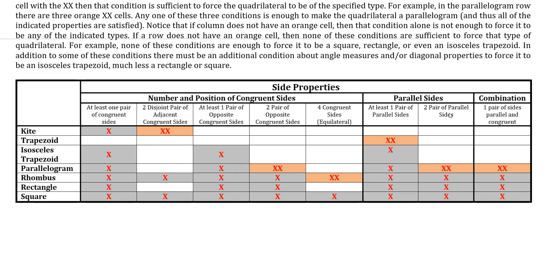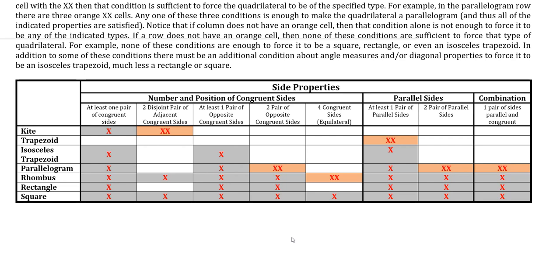If you have two pair of parallel sides, both pair of opposite sides are parallel, that's a defining characteristic of a parallelogram. And so these other kinds of parallelogram, rhombus, rectangle, square, will also have that property. So if we combine some of these, if it has one pair of sides that's both parallel and congruent, that's enough to make it a parallelogram. And so then these other kinds of parallelograms will have that same property.